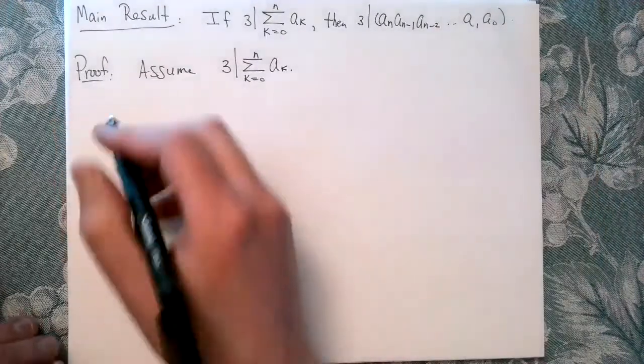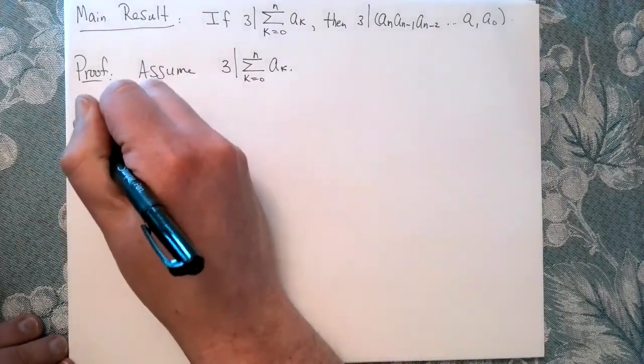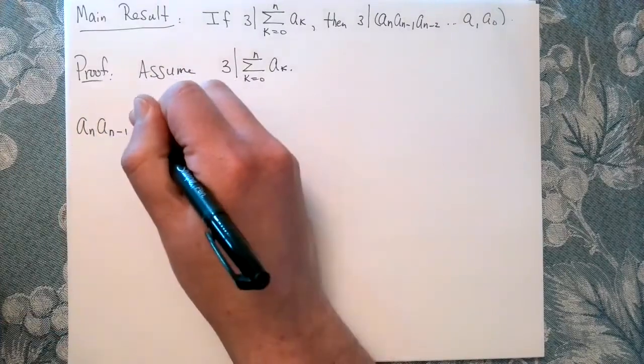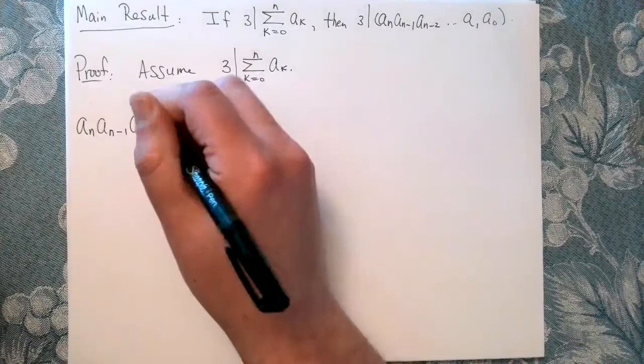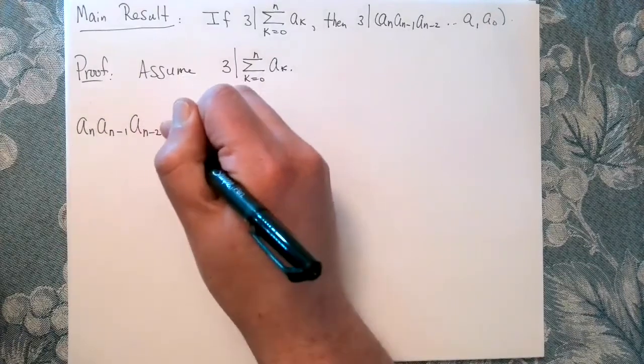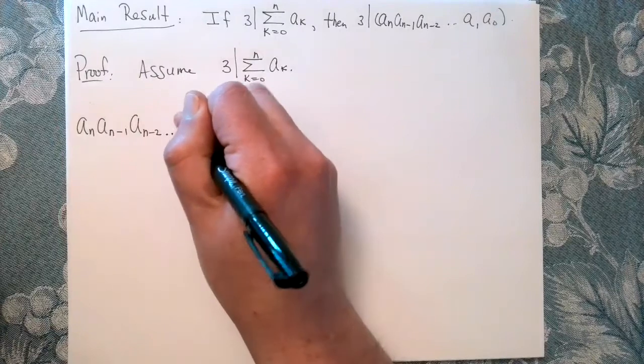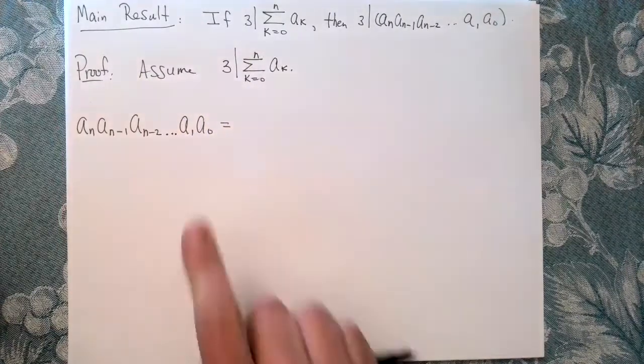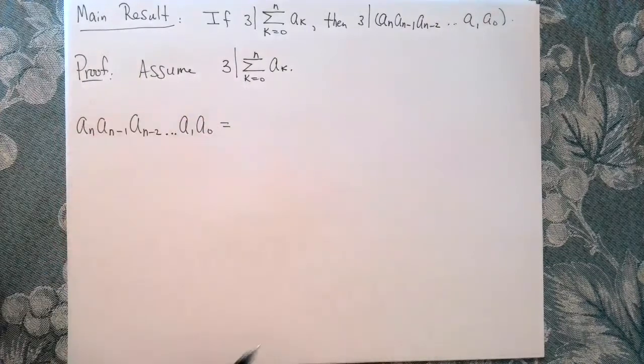Okay, so let's see what we have here. This is our number. These are just all the digits. I want to rewrite this in terms of place value.